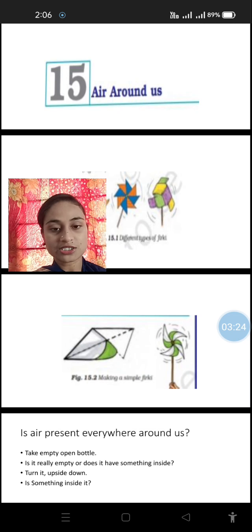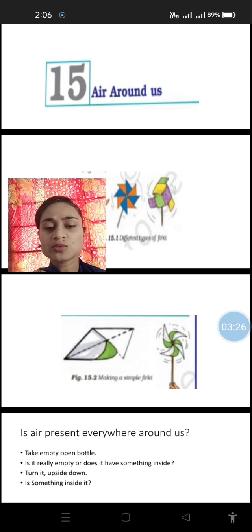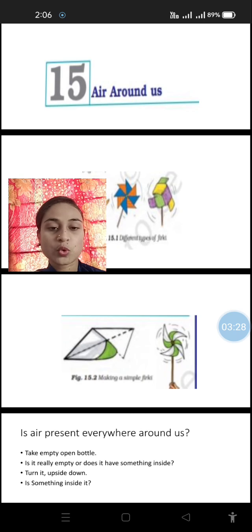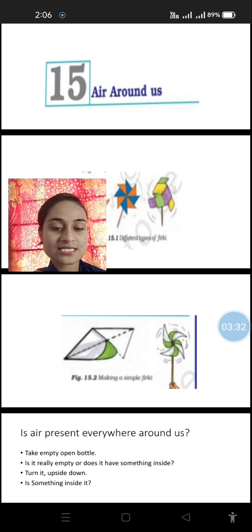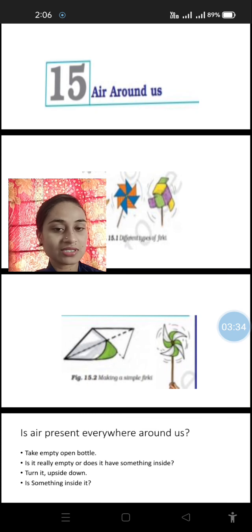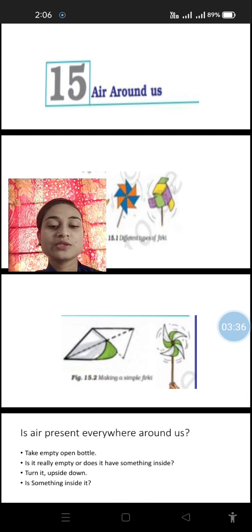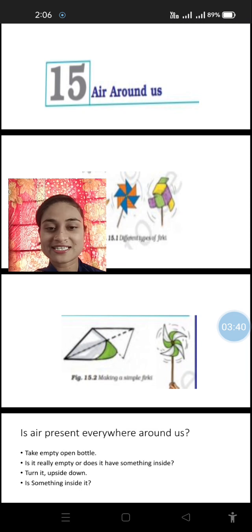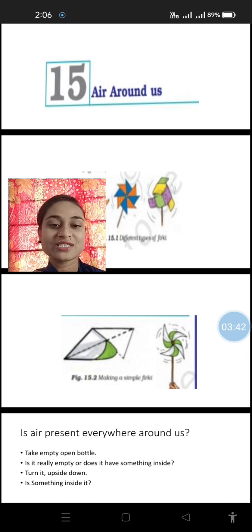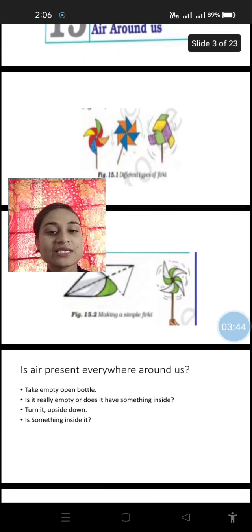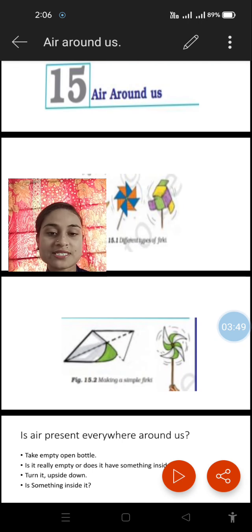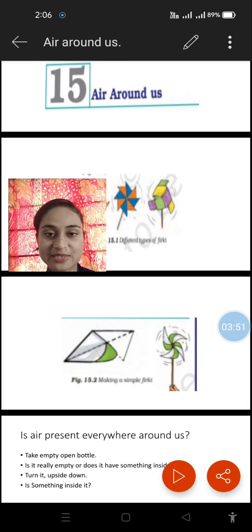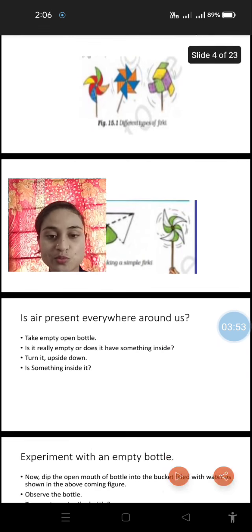You can even use notebook papers or rough papers. As a child, we all did this, and as you are in standard 6th, you too would be making it in your free time, isn't it? Obviously. So we can make these fukuris with simple papers by following the steps given in the textbook.